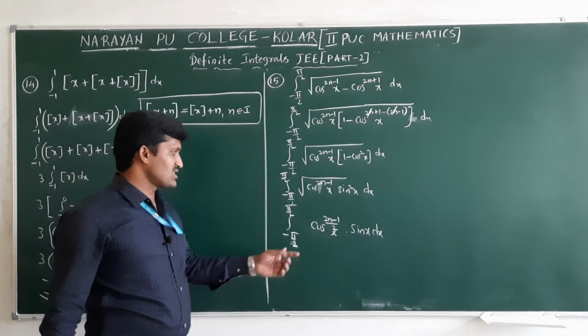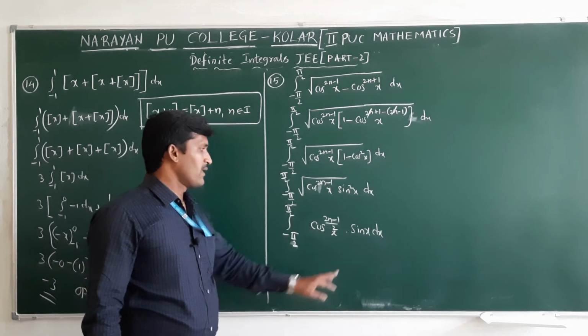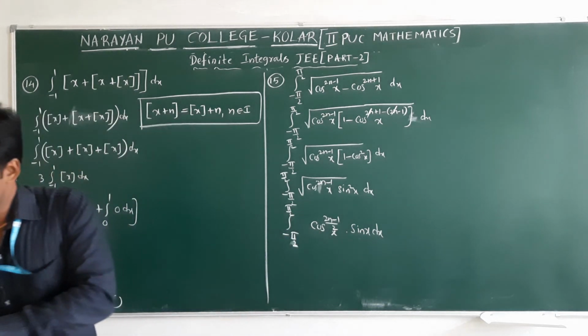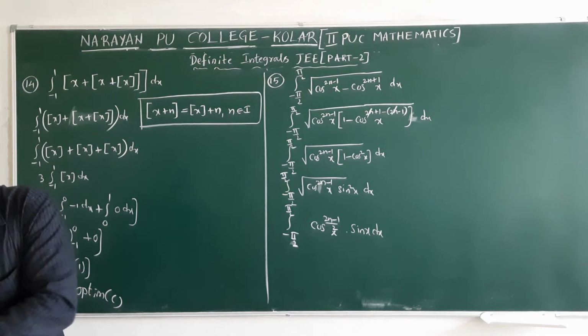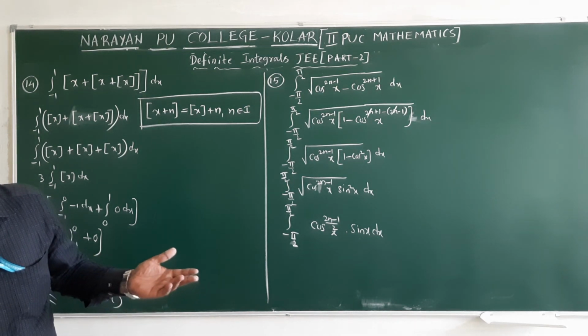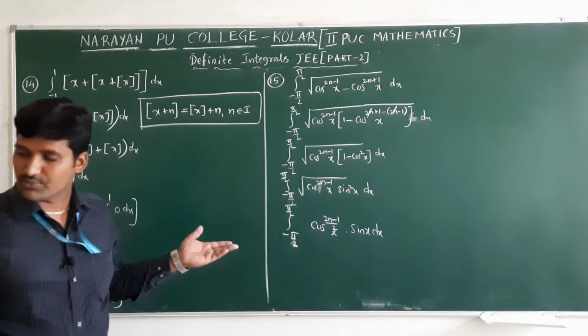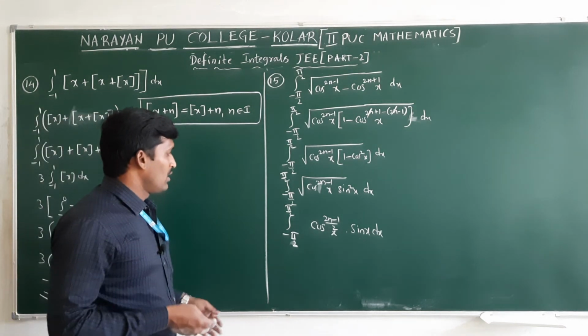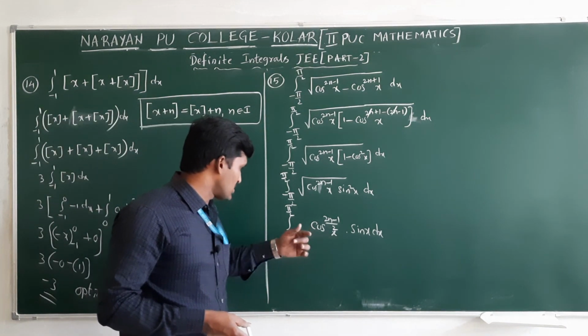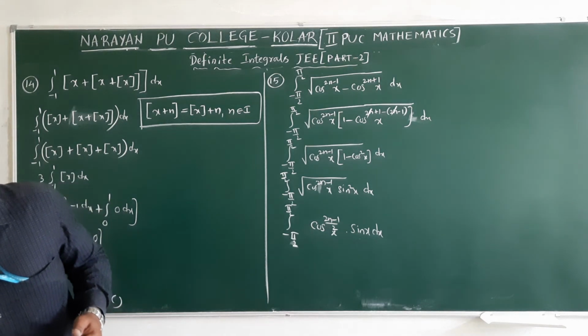Now we observe here cos of minus theta is cos theta only, and which function is this clearly? Odd function. They are asking for the value. We have to check the odd function later. The value is not given as 0, so we need to apply the substitution method only. Cos of minus theta is cos theta, but they considered it an even function.